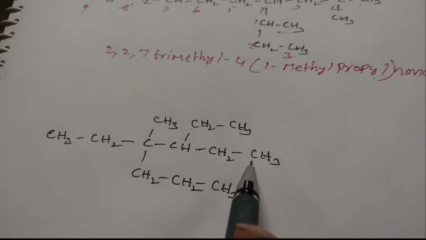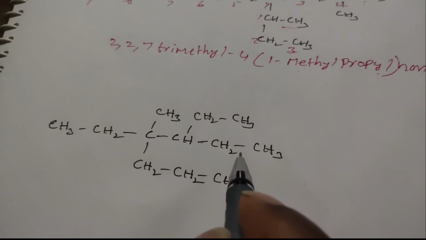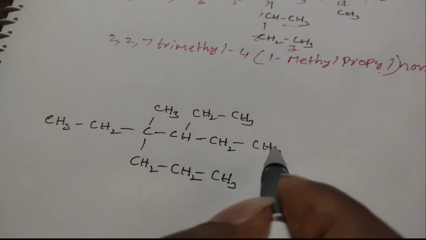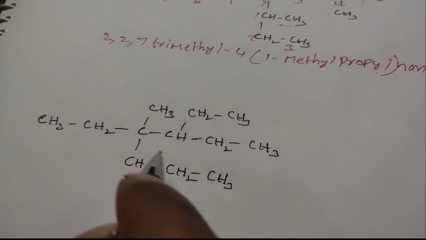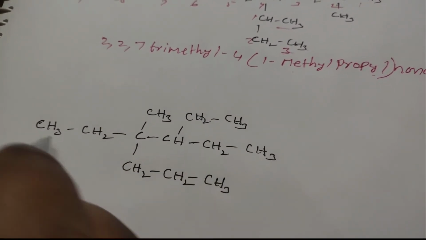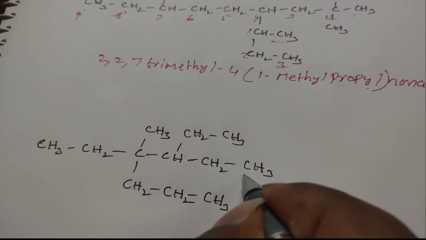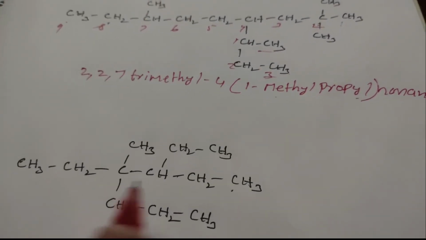As per the longest chain rule, I am giving the numbering 1, 2, 3, 4, 5, 6, 7. So it will cover 7 carbons, so I am giving the numbering not in the straight way, just like that. So I am giving priority from here onwards. Why?